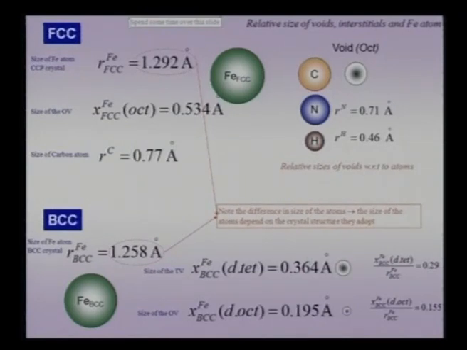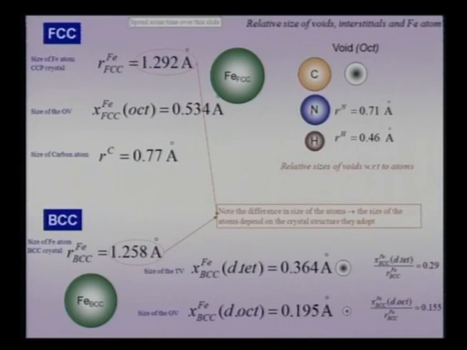So, it will cause distortions when it tries to fit into this void. Well, definitely the octahedral void is even smaller, and its diameter will be 0.195 angstrom. So, its radius is 0.195 angstroms, and therefore, it is smaller than the tetrahedral void and considerably smaller than the carbon atom.